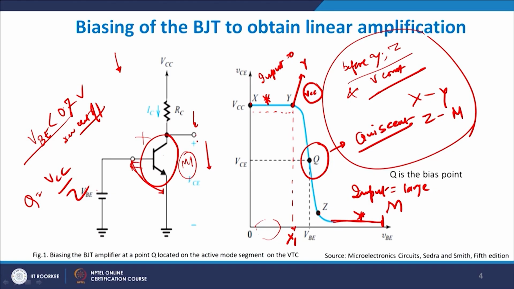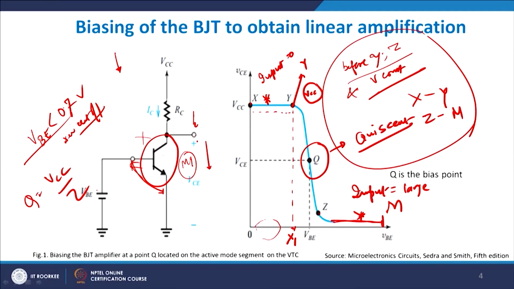Now, what will happen is that, for example, VCE is equal to Q point, as you can see, and the x axis is VBE, right. Therefore, if you want to work in digital domain, XY and ZM are the most logical digital regions, because it is 1 0 and 0 1 here, and this slope gives rise to a constant gain.